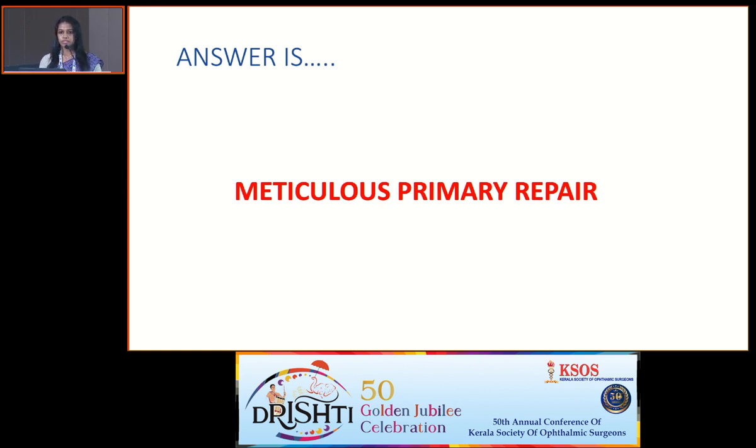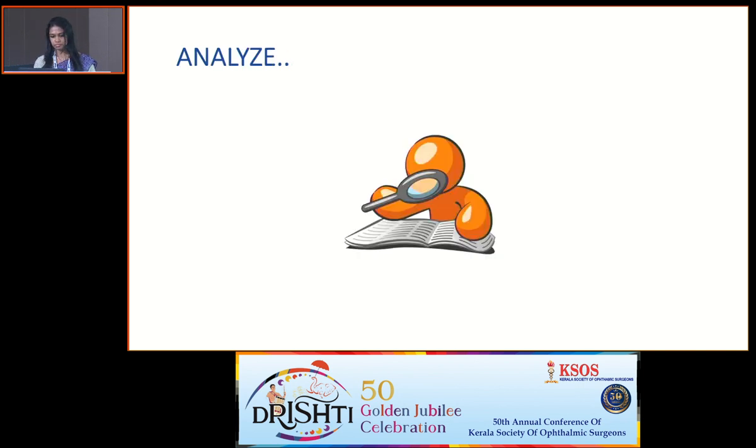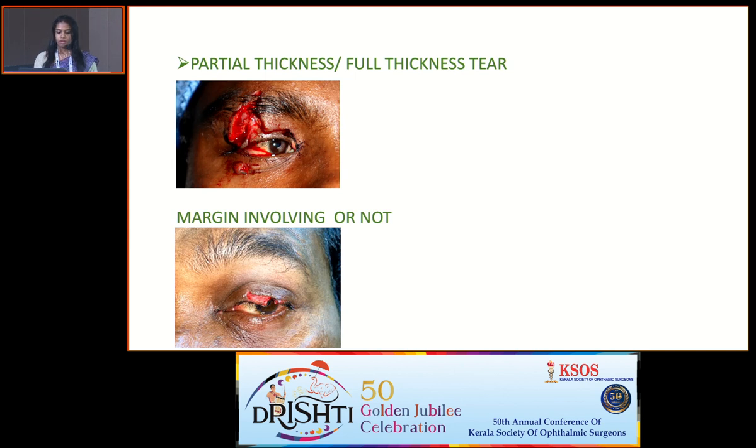So when a case of lid tear comes, what all things do we need to analyze? These are the points that we should be taking into account: whether it's a partial thickness or a full thickness lid tear, and whether it's margin involving or not. If it's margin involving, you need to be a bit more careful and expertise is required.